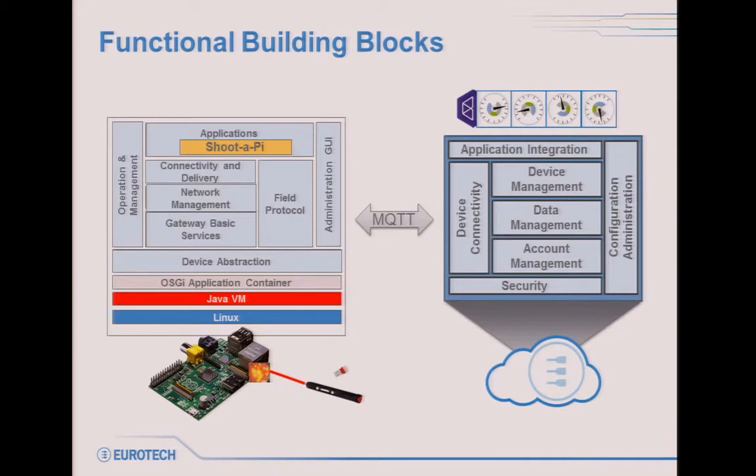Now, topics are not bound to the gateway. You can have the same topic on different gateways. Yeah, you can, but do you want to? Because they are linked to a unique device ID.